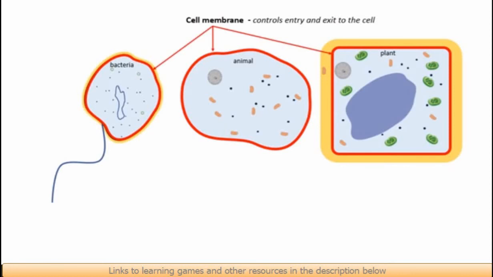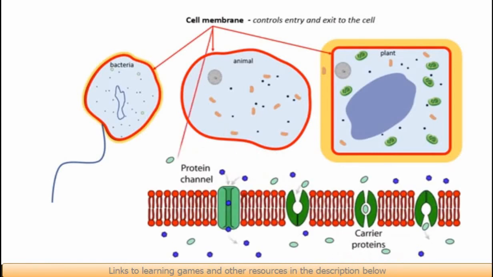Embedded within the cell membrane are some special proteins which span the membrane and provide a controllable pathway for other molecules. By changing the amount of these proteins embedded in the cell membrane, or by controlling their behavior, the cell membrane can regulate what is able to pass into the cell and what cannot.